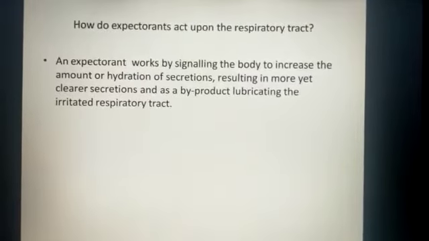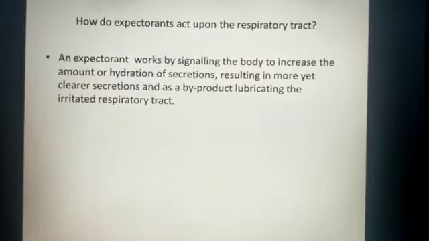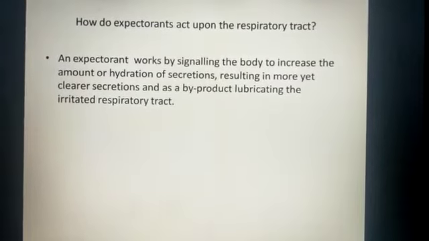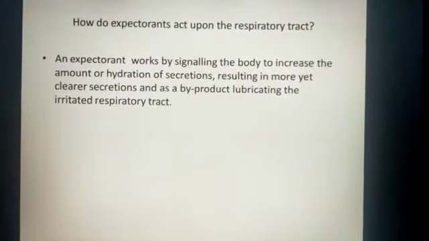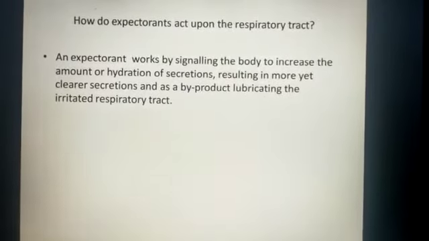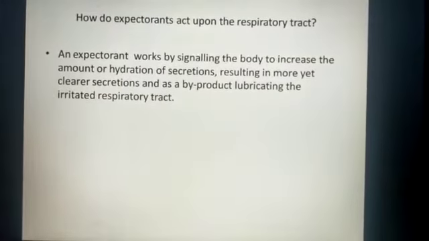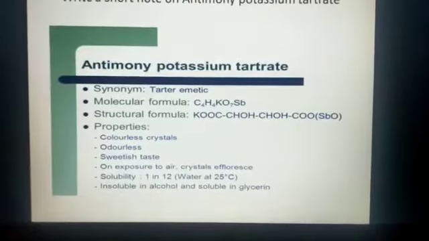How do expectorants act upon the respiratory tract? An expectorant works by signaling the body to increase the hydration of secretion, resulting in more yet clearer secretion and, as a byproduct, lubricating the irritated respiratory tract.